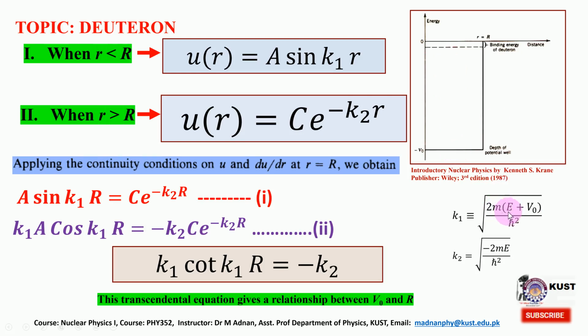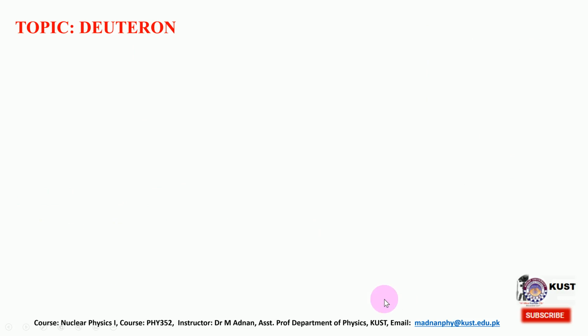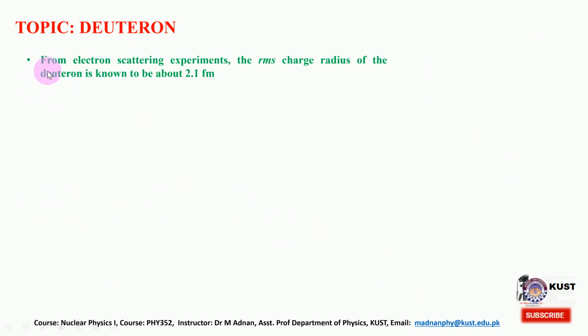Since this is known now, this is 2.2 mega electron volt, h-cut is known, and this R is 2.1 femtometer. As I told you, this is one equation and one unknown, which is V naught, so the strength of the potential can be found, at least, since we have simplified our analysis by taking a few assumptions, but still this will give us a nice way to understand this value.